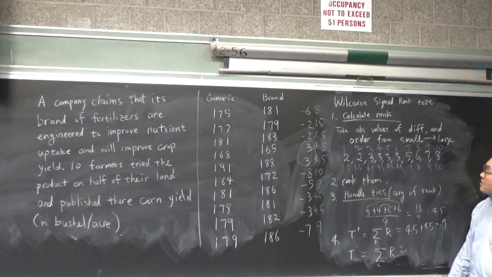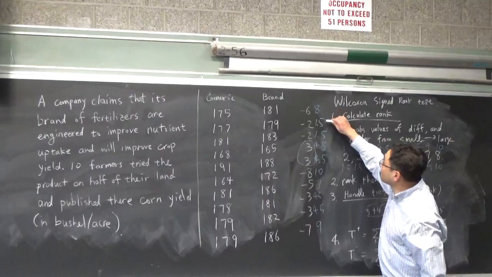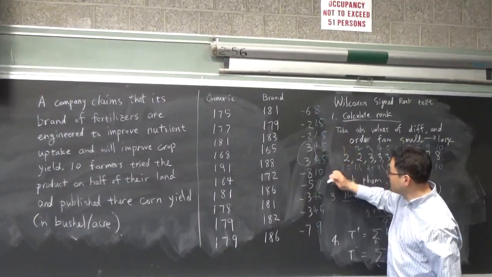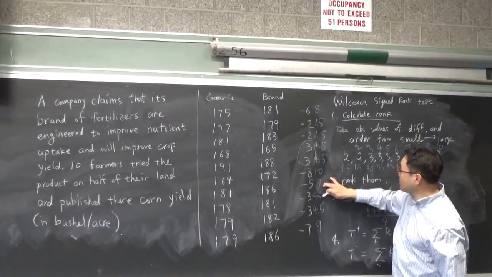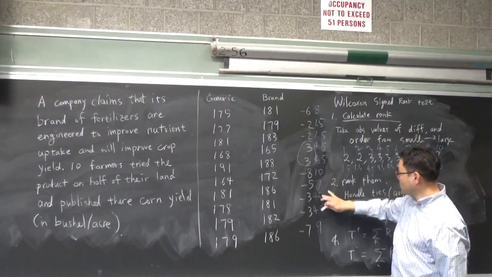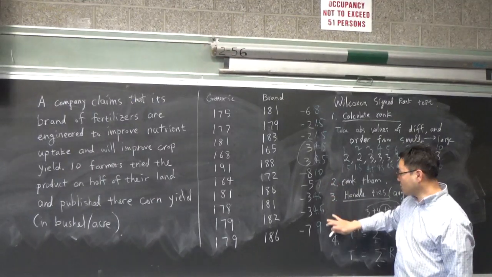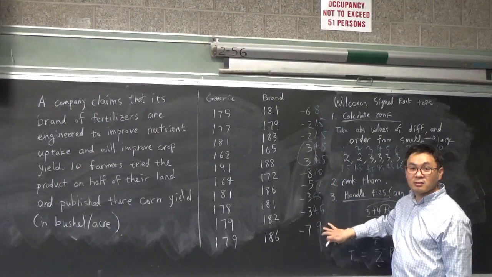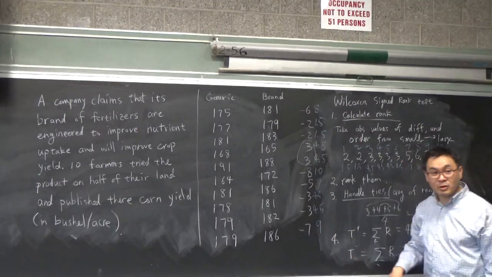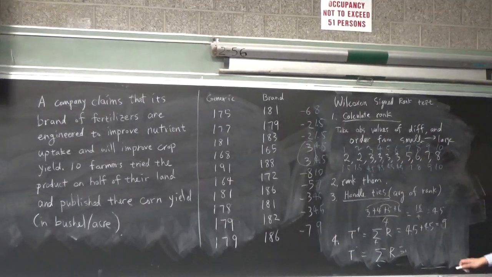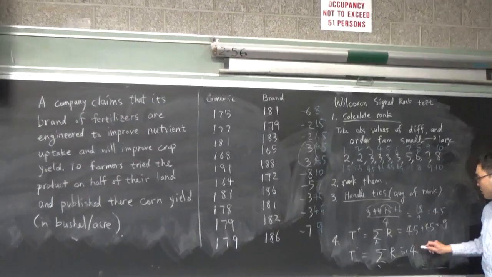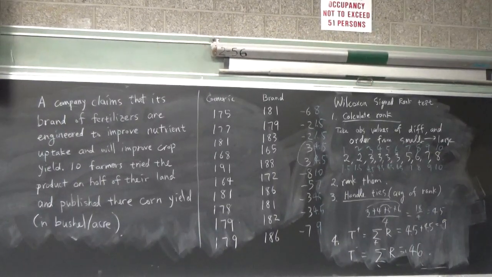Well, that's a lot. 8 plus 3 is 11. Plus 17, that's 28. Plus 9, which is 37. And 46. Am I right?